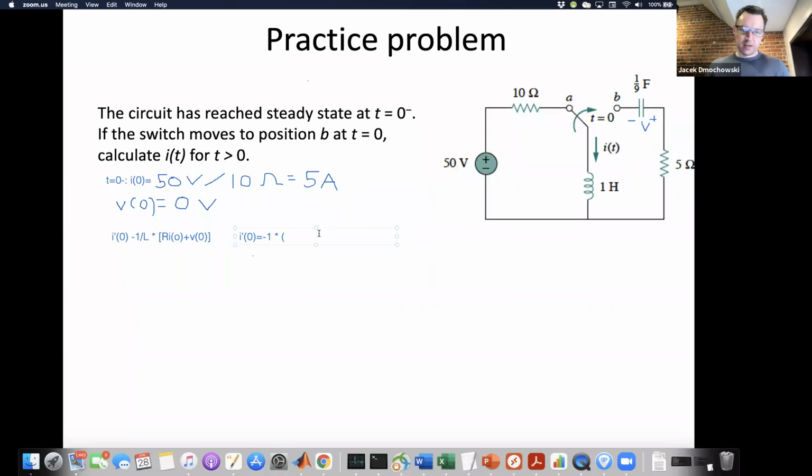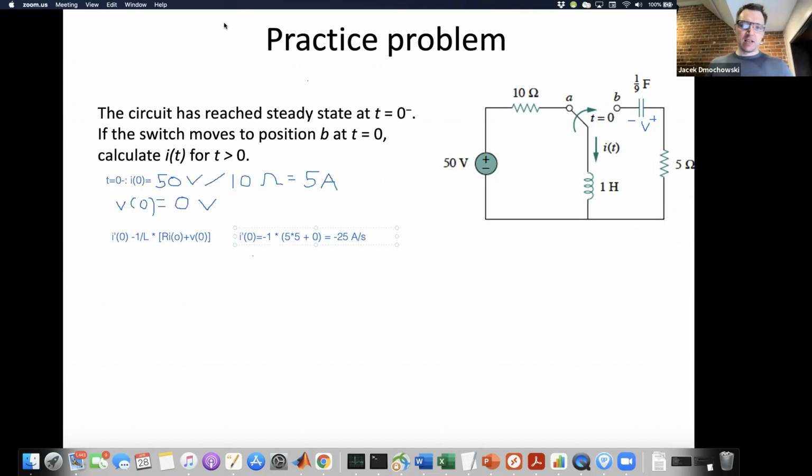Very important. And I0 is equal to 5. So this becomes 5 times 5 plus 0, which is equal to negative 25 amps per second. So we have an initial condition on I and on I prime, which is nice.